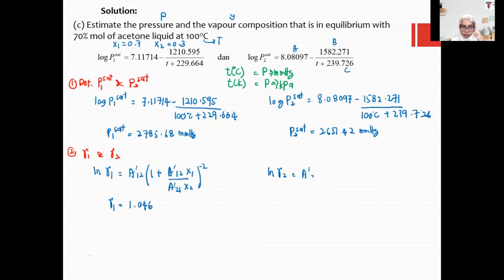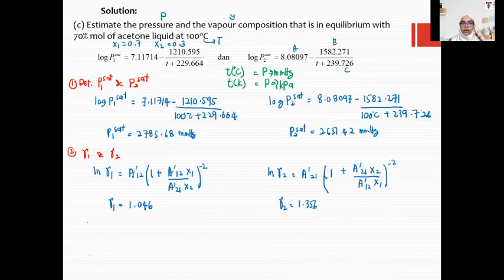For gamma 2, it is A prime 2 1 times one plus A prime 2 1 x2 over A prime 1 2 x1, power of minus 2, and then gamma 2 equal to 1.356. And then, how can we determine the pressure?